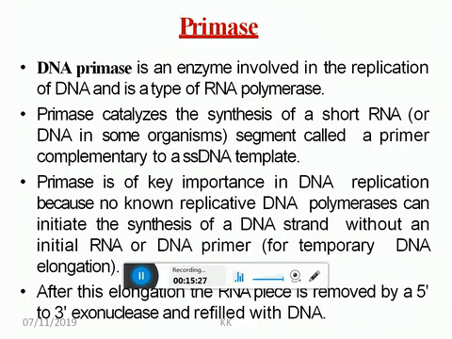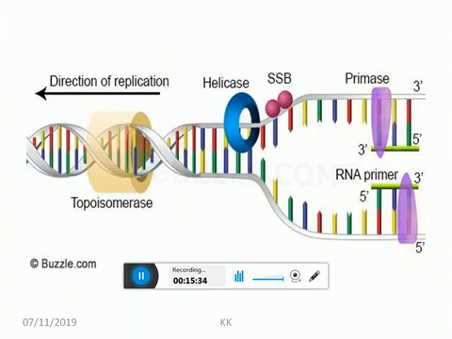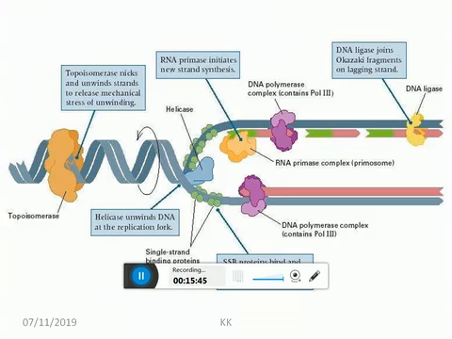After the elongation process, the RNA primer is removed and filled with DNA nucleotide base pairs. That is the direction of replication. Okay, this is the entire thing about topoisomerase.